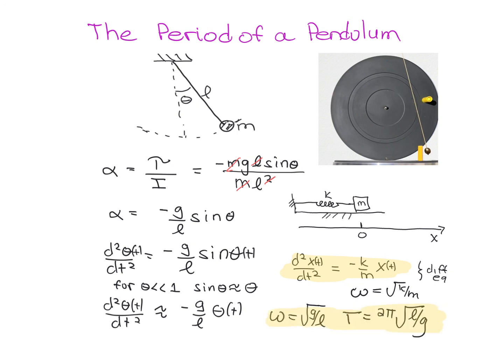So we have a very explicit theoretical prediction that you can test experimentally. The prediction says that the period of a pendulum should depend only on its length, and the g, which we assume is pretty much the same for everybody who's going to do this experiment. And you can test this.